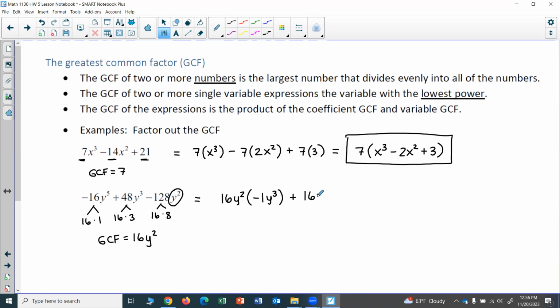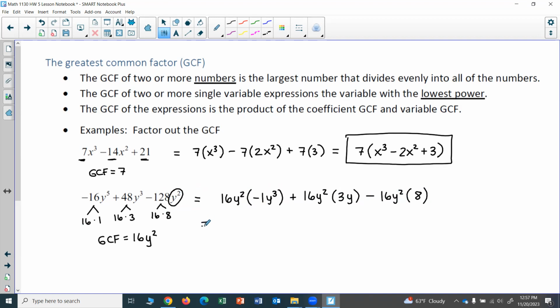Now I have plus 16y squared, and I'm looking at the second term. 16 times 3 gives me 48, so I'll have 3 and then y, because y squared times y would give me the y cubed. Now I have minus 16y squared. 128 is 16 times 8, so I'll have 8. I've already accounted for the y squared, so I don't have a variable to multiply in there.